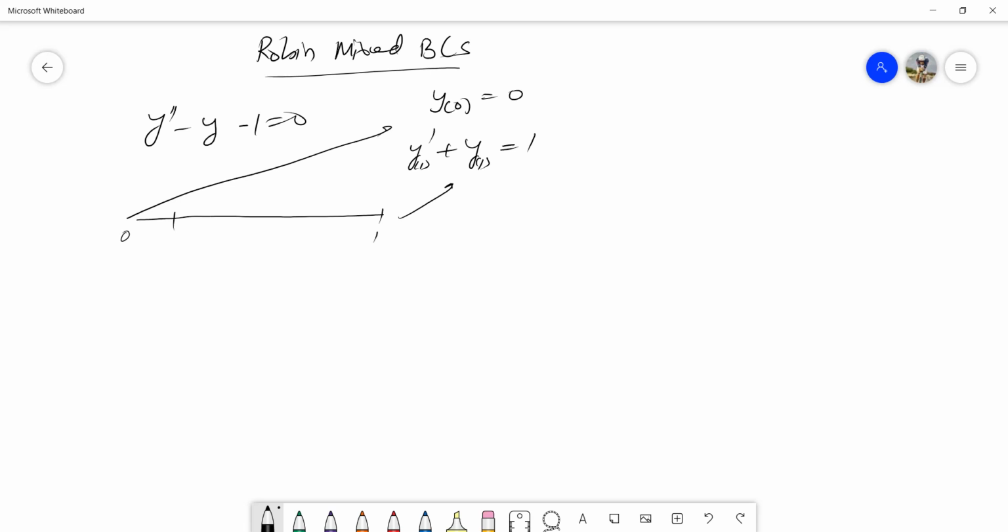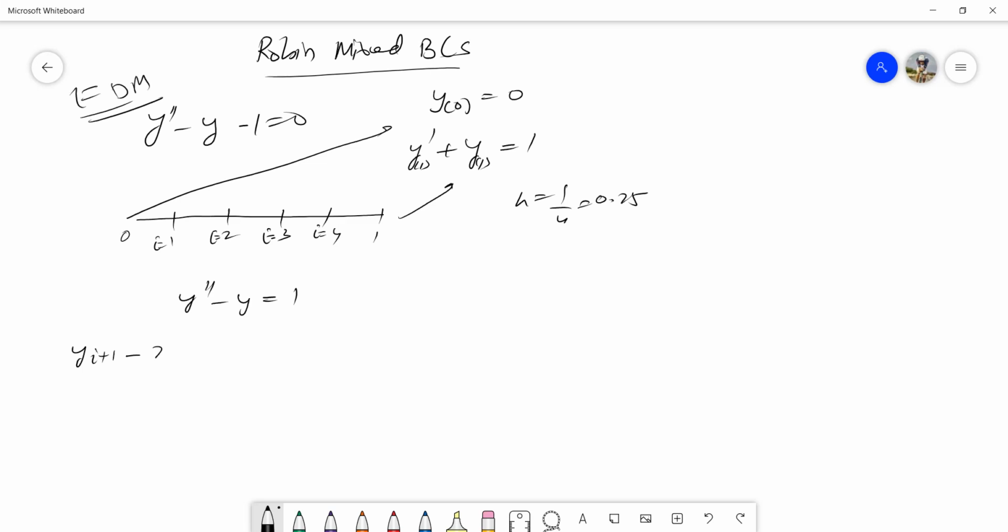Now let's take n as 4. So this is i equal to 1, i equal to 2, i equal to 3, i equal to 4. So the step size is 1 by 4, that is 0.25. Let's try to solve this thing. Now the first equation is this: y i plus 1 using finite difference method minus twice of y i plus y i minus 1 over x square minus y i equal to 1.